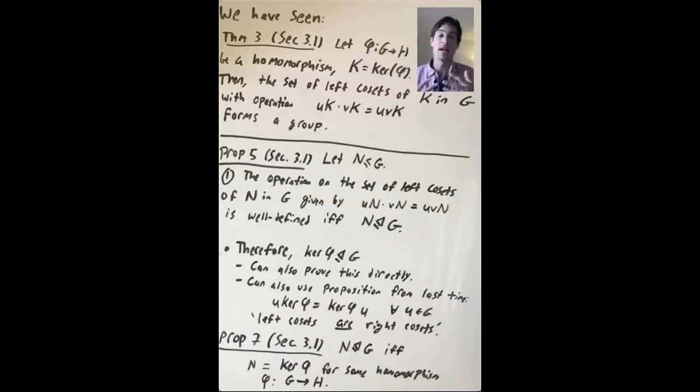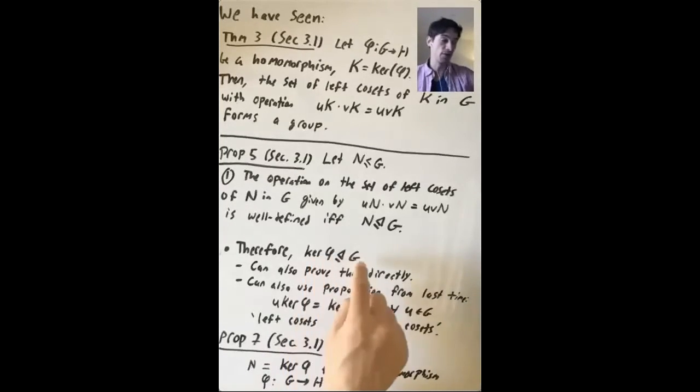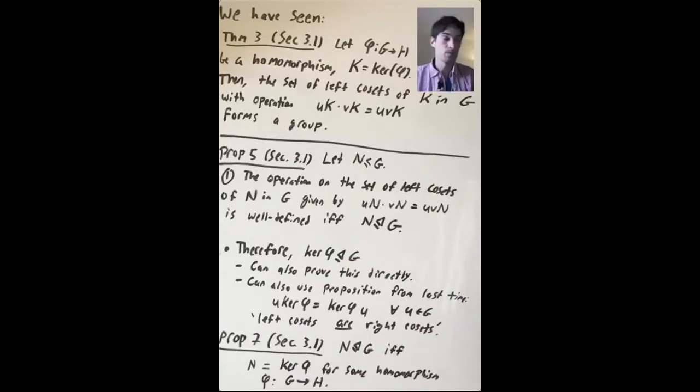Both of those cosets are equal to the fiber of phi above phi of u. So left cosets are equal to right cosets because they're both equal to a fiber. Okay, so left cosets are right cosets. That's one of the equivalent criteria of saying that a subgroup is normal. So this also shows that the kernel of phi is a normal subgroup of G.